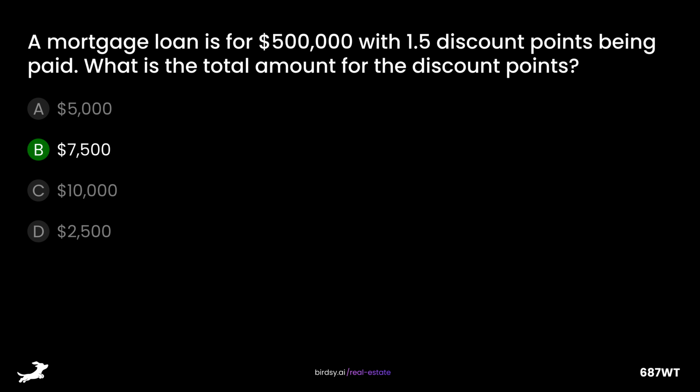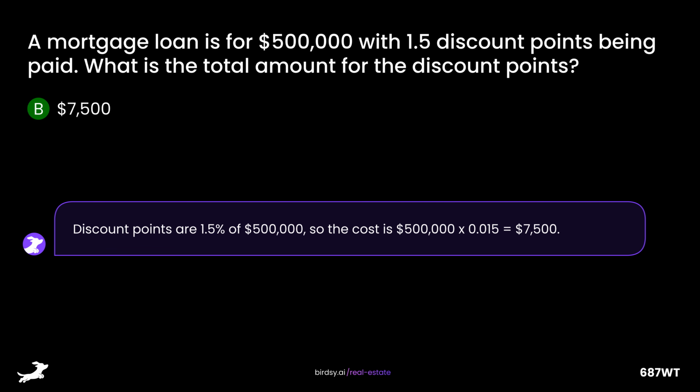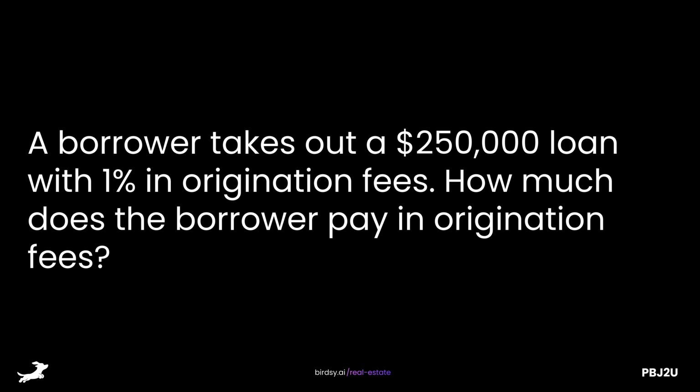The answer is B, $7,500. Discount points are 1.5% of $500,000, so the cost is $500,000 multiplied by 0.015, which equals $7,500.